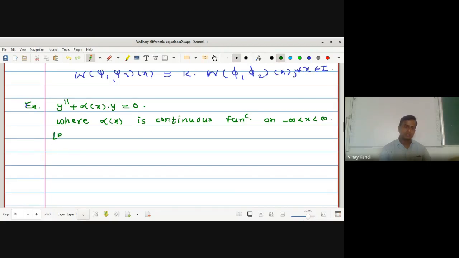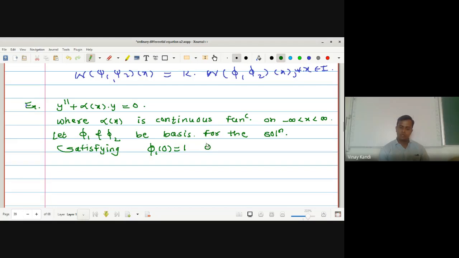Okay, let phi 1 and phi 2 be basis for the solution satisfying phi 1 of 0 is equal to 1, phi 2 of 0 is equal to 0, phi 1 dash of 0 is equal to 1, and phi 2 dash of 0 is equal to 1.